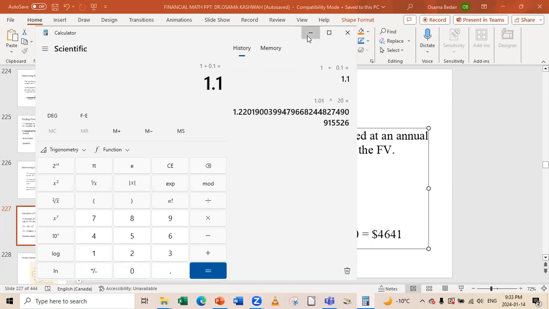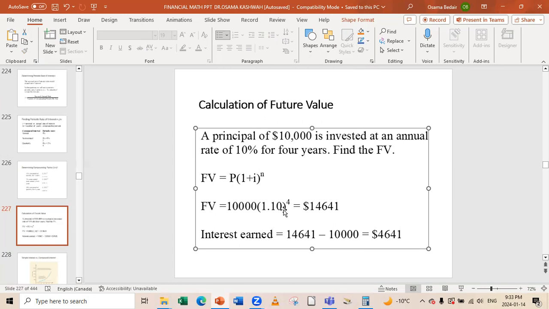The 0 on the right doesn't mean anything, so 1.10 is exactly 1.1.